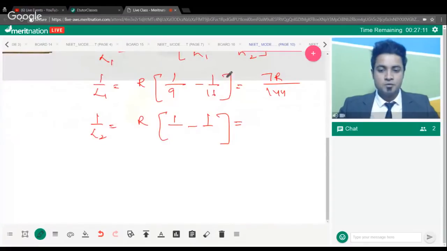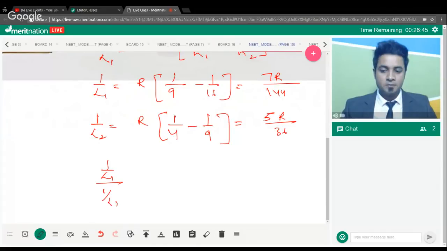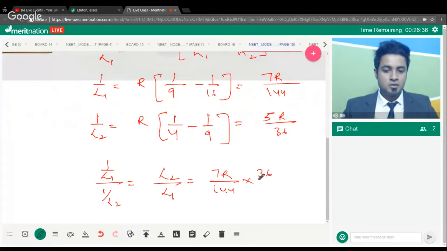Here it will be 4 and here it is 9, so again it will come out as 5R upon 36. If you take the ratio, 1 upon lambda 1 and 1 upon lambda 2, this is going to be lambda 2 upon lambda 1, and it will be 7R upon 144 into 36 upon 5R. So the R will be gone.